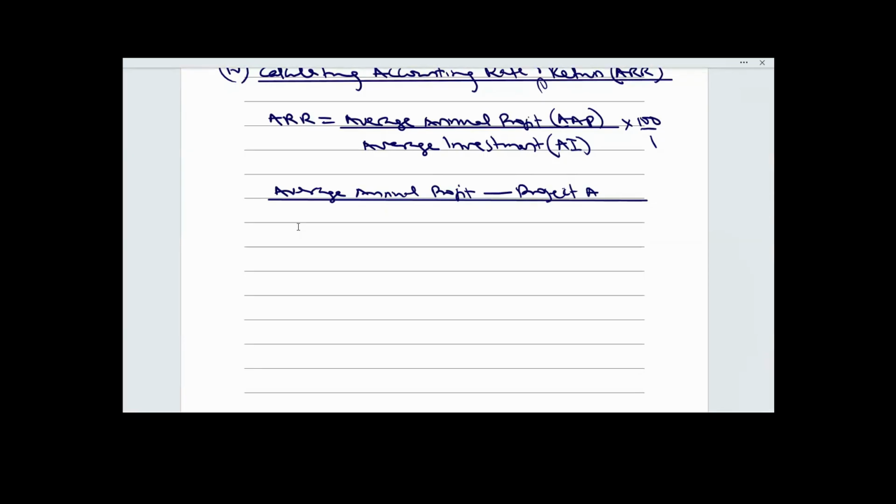It will give you the average. So no need for you to be stressing yourself. All right? So in fact, let me show you. This is what I mean. Average annual profits, AAP, is equal to total profits divided by the useful life.